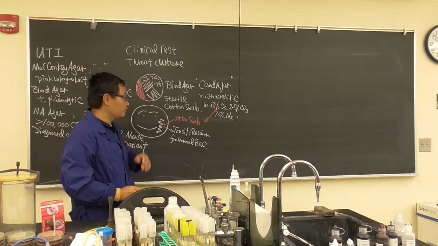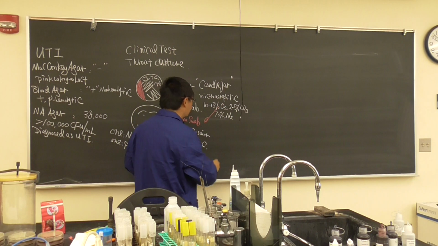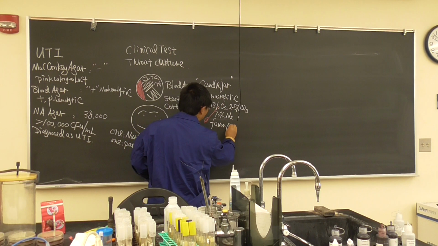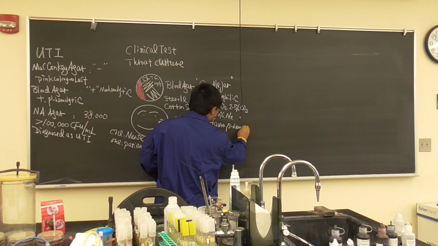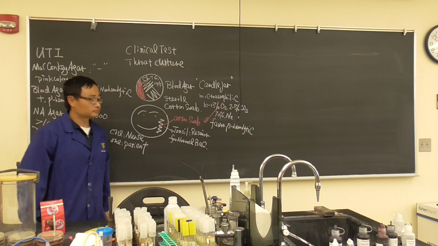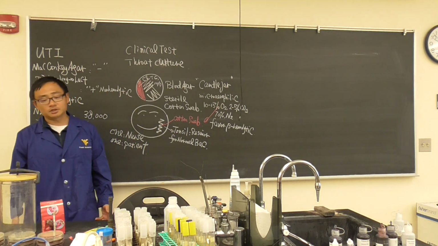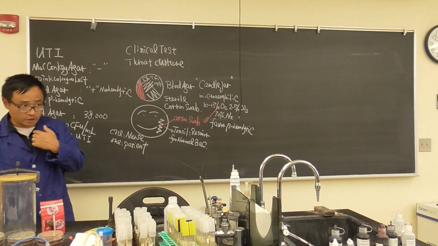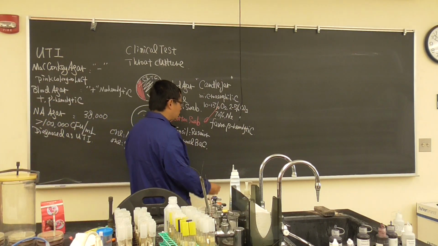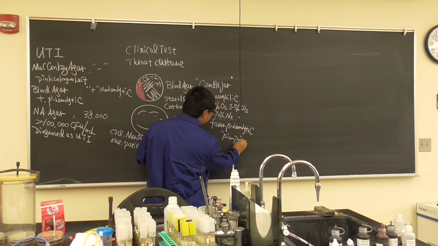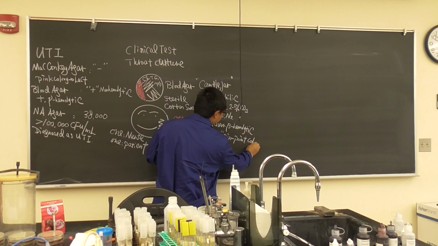Because this microaerophilic environment in the candle jar will favor beta hemolytic bacterial growth. So we want to see in your throat culture whether we can see some beta hemolytic bacteria. This is most likely a pinpoint colony.